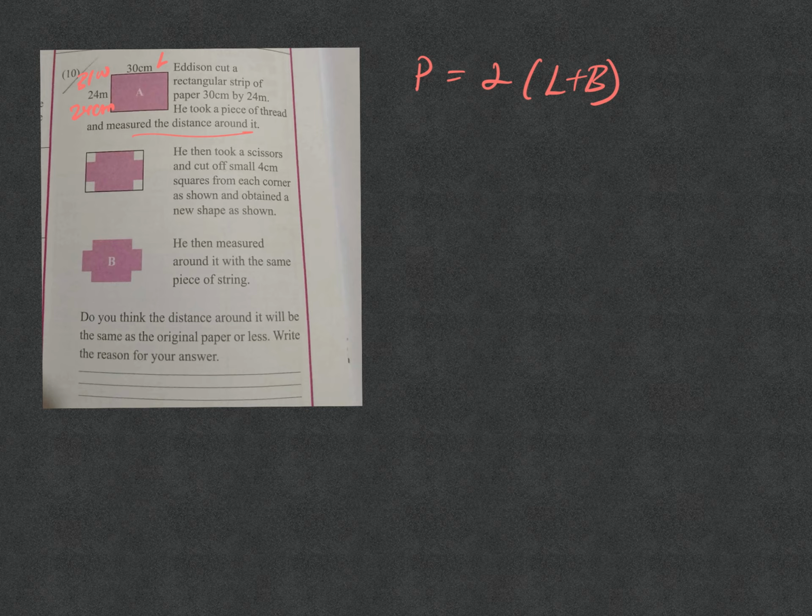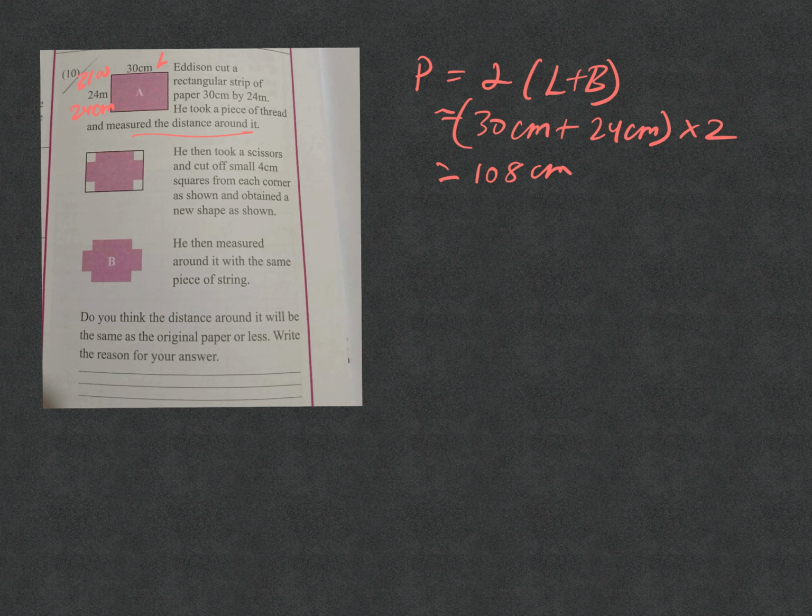So to get the perimeter, we just say 30 centimeters plus 24 centimeters multiplied by 2. So 30 plus 24 is 54, multiplied by 2, and that will give us a total of 108 centimeters. Now, that is a perimeter, but let's read more.